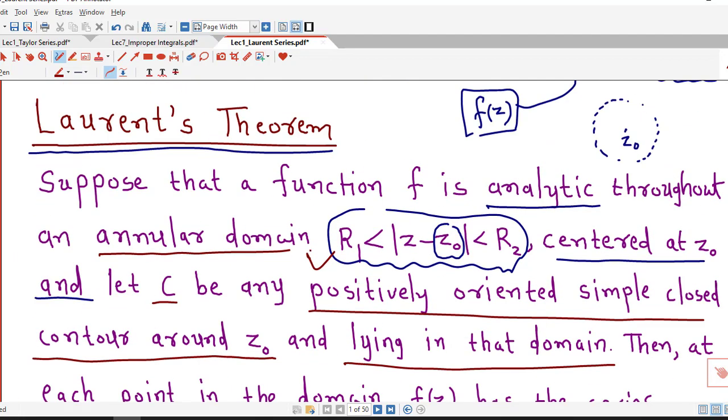But what we will remember is that the function f of z has a Laurent series expansion if f of z is analytic in the annular domain, so for a given function we have to decide the annular domain in which our function is analytic. Also we will be given the center, so we have to find the Laurent series of f of z with that center. So we require an annular domain centered at the given point z0 in which f of z is analytic.